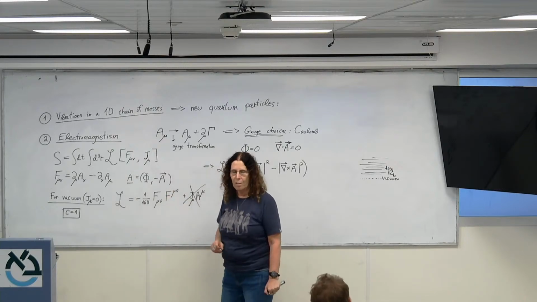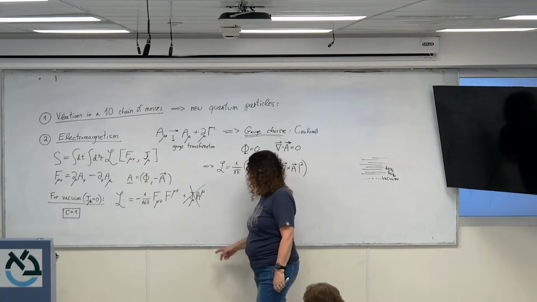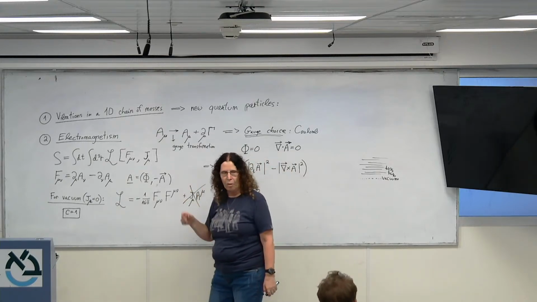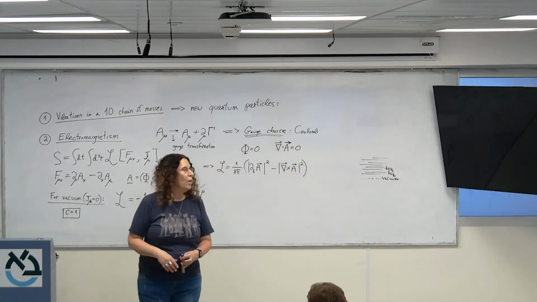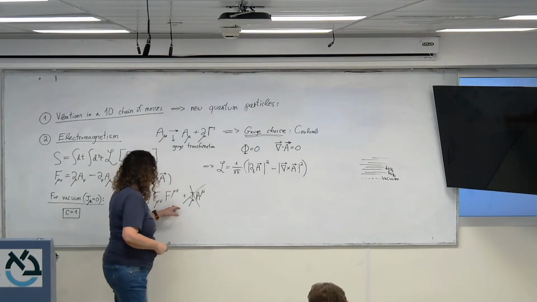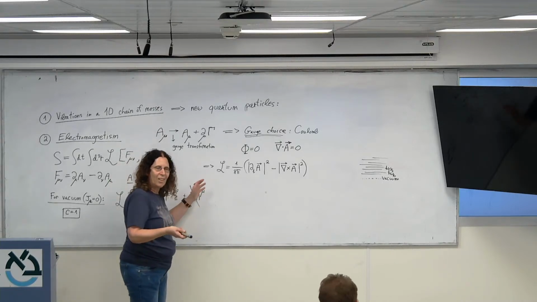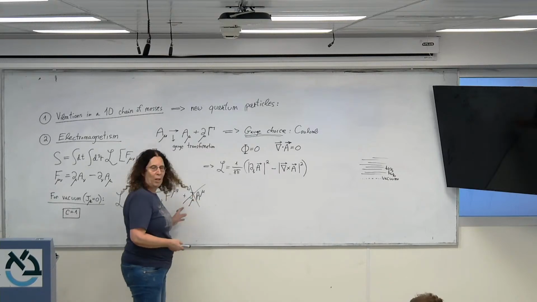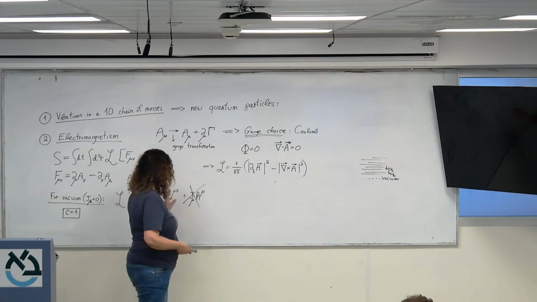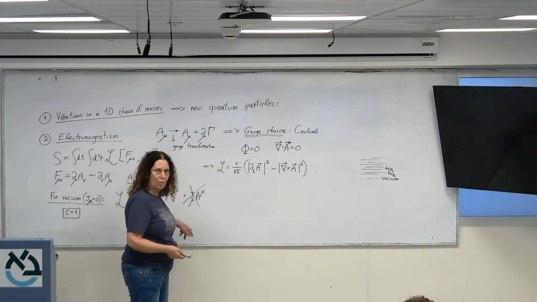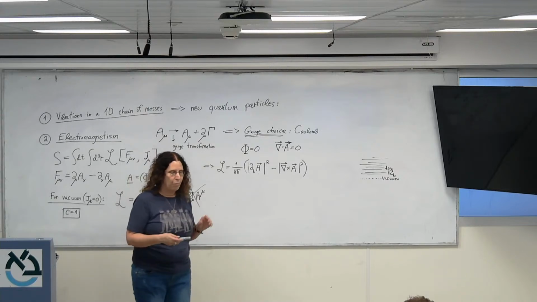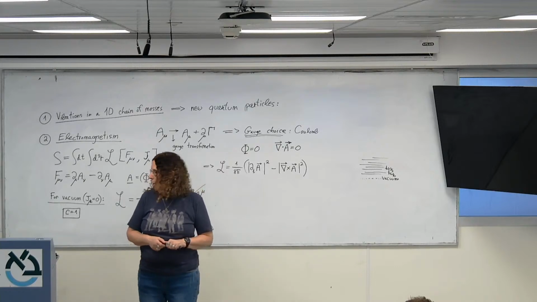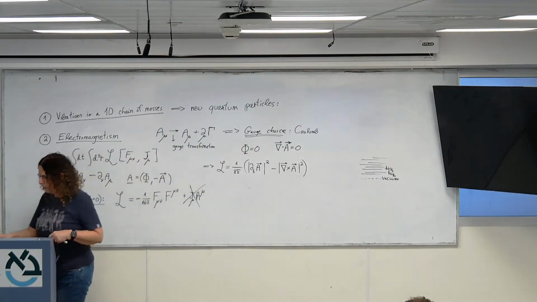We'll see later on in the course, I hope, that you may be able to integrate over the matter field and get some effective electromagnetism, which is going to be more complicated than this, not quadratic, for example. So we don't want that at this stage.